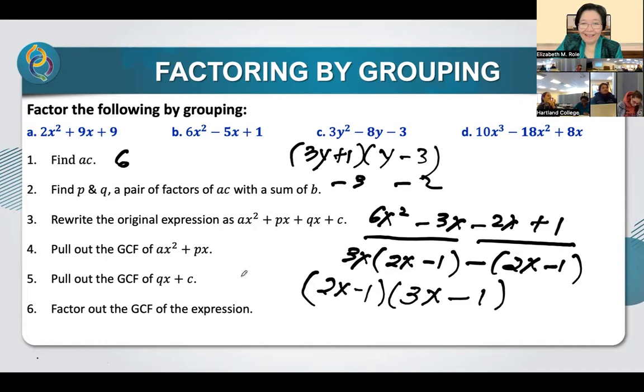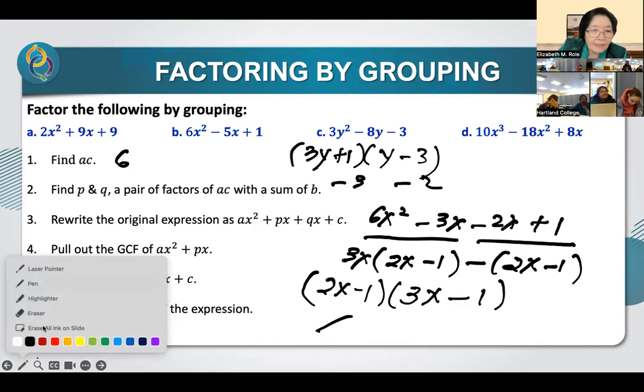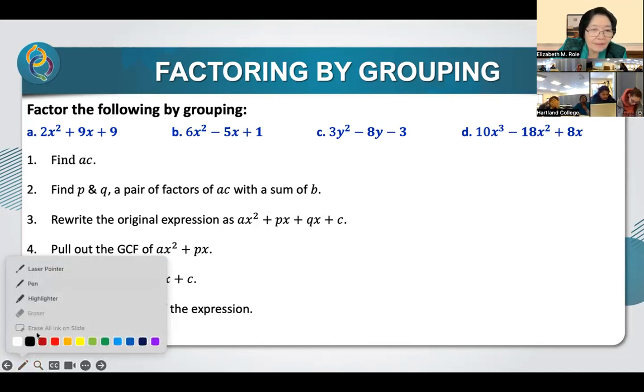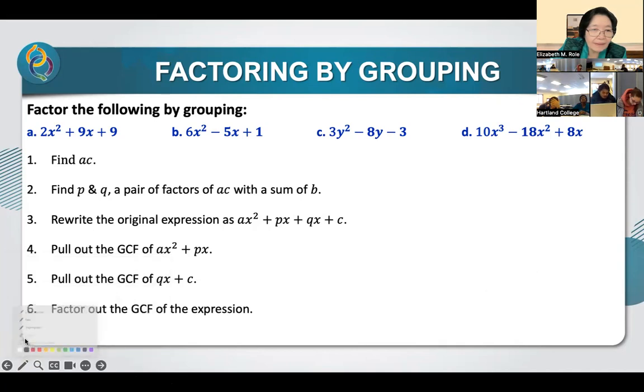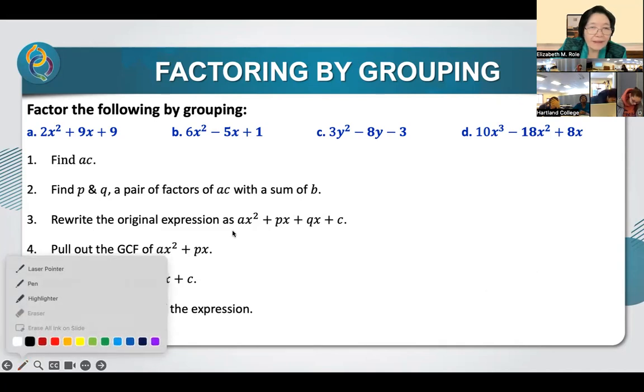Yeah, the multitasker. Are you thinking about lunch in your head? I'm trying to do 3 jobs in one go. Okay, here. All right. Let me erase all ink on the slide so that we can work on it.